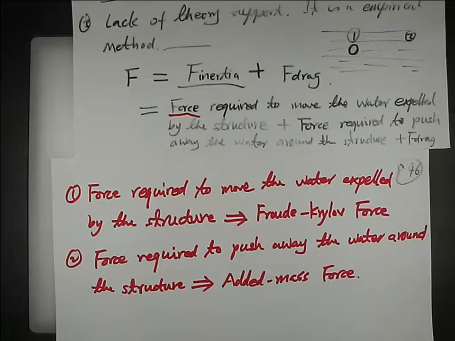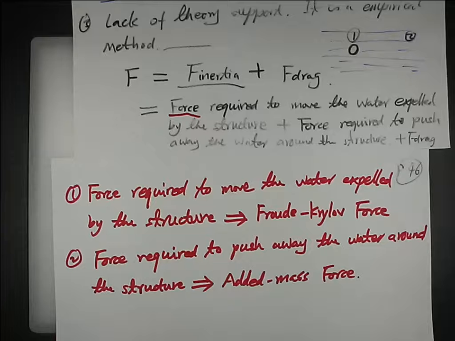Do we have added mass force when we move a car in air? Yeah, but it's very small. But it still exists. Why is it small? Because the density of the air is very small. How small?